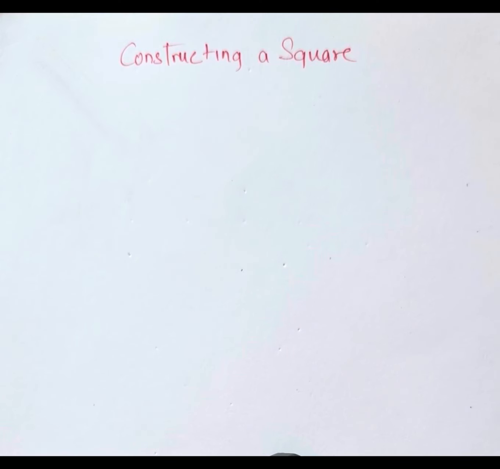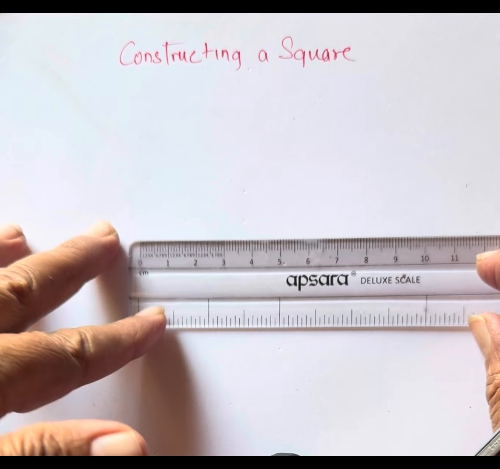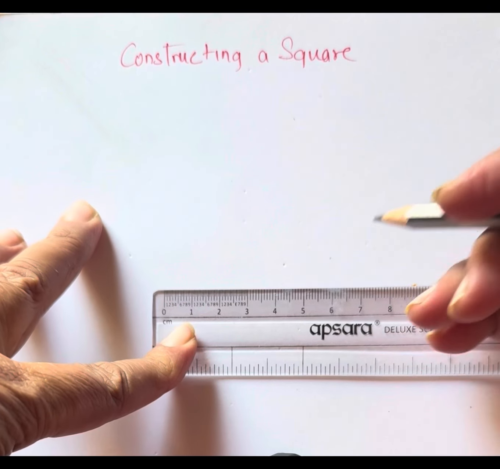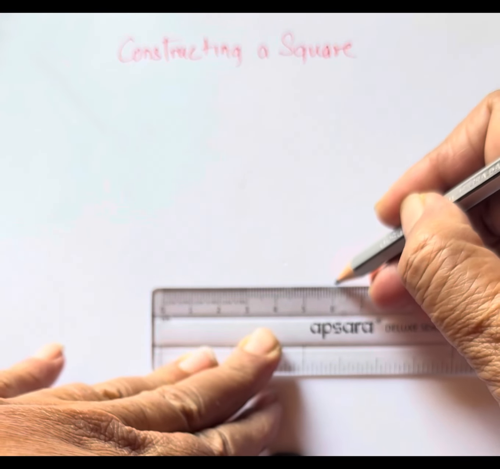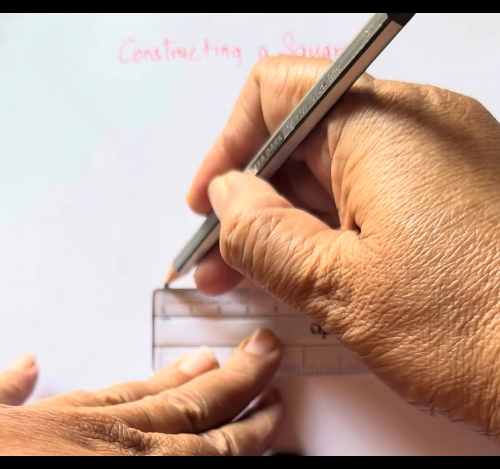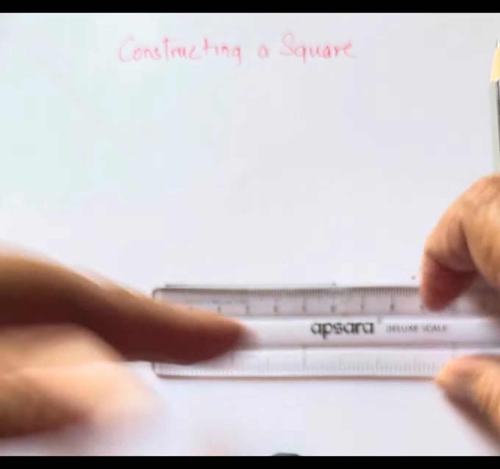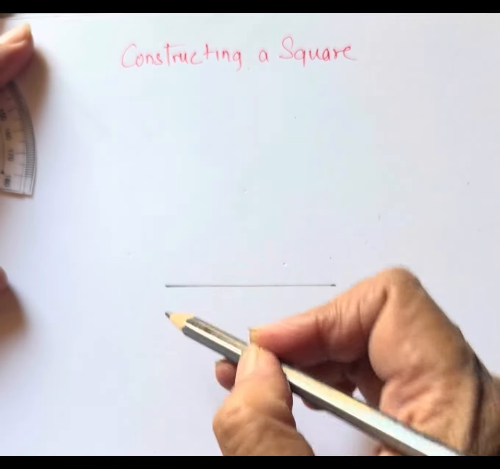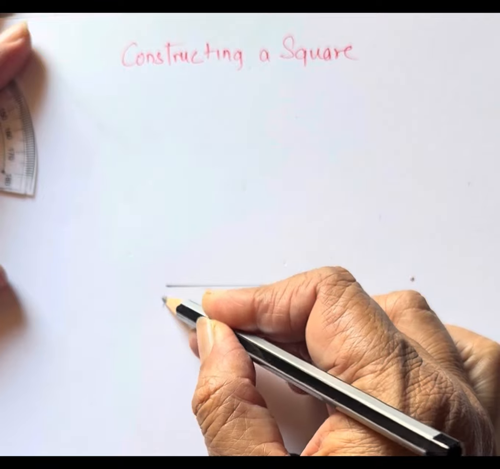So let us now construct a square with side 6 centimeter. First we make a base with length 6 centimeter. Now here we need to use a protractor. We name this P and Q, because we have to construct a square PQRS.